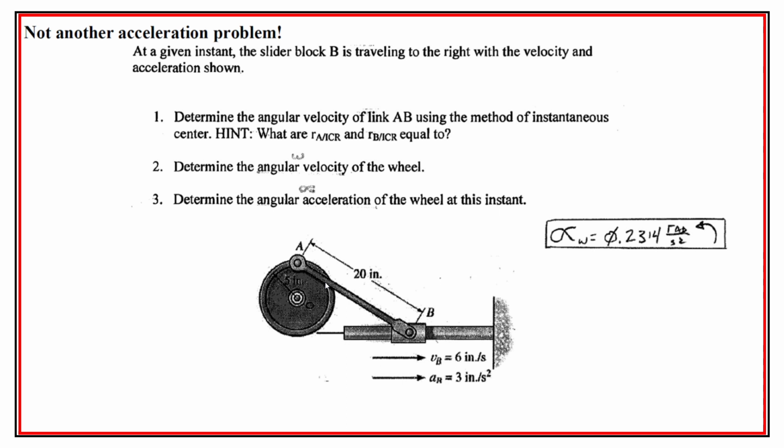Now, the infinite ICR. If you draw a line perpendicular to the velocity at B, and a line perpendicular to the velocity at A, those lines are both going to be parallel. So it's never going to have an ICR, and therefore, at that instant, it doesn't rotate. And you're like, how is it not rotating?